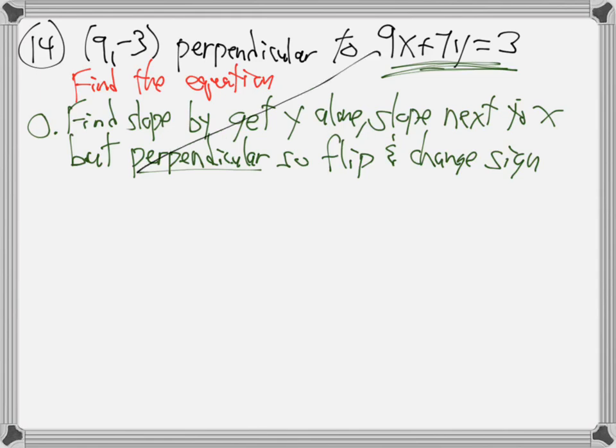So let's take this equation, the 9x plus 7y is 3. And we've got to get y alone, slope is next to x, and then flip it and change the sign. So get y alone there, and you'll get the slope of that equation, which is different than our slope because of the perpendicular. So get y alone, the slope will be next to x.